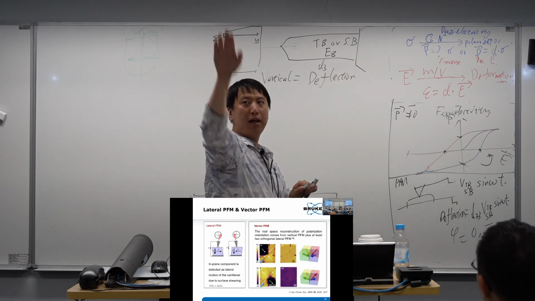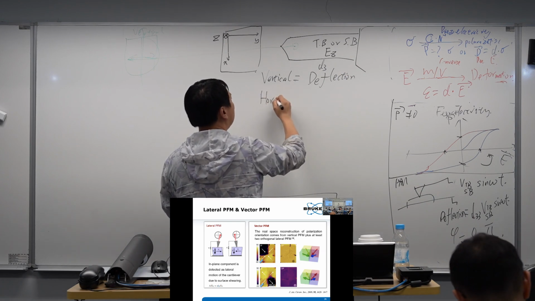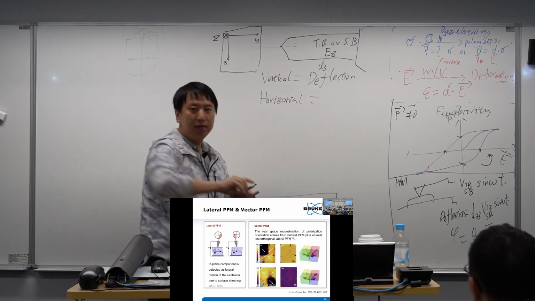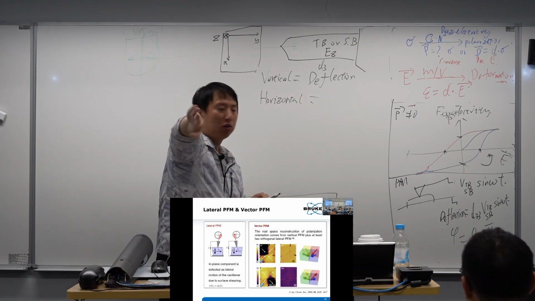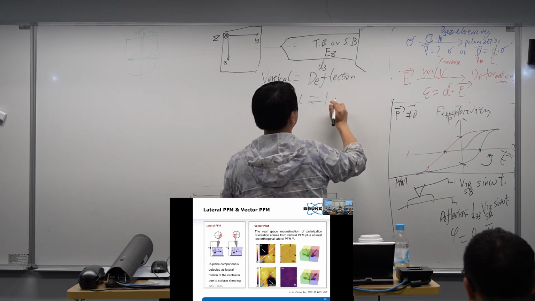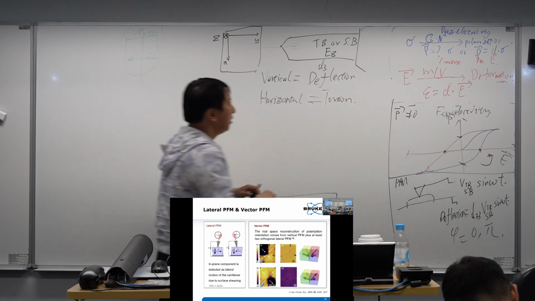Our probe is bent in this way. And the horizontal value means the probe is kind of rotating, so I call it torsion.